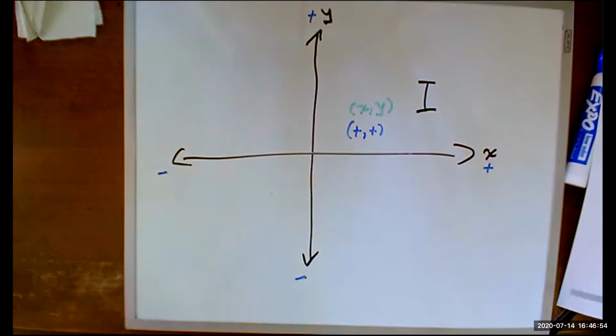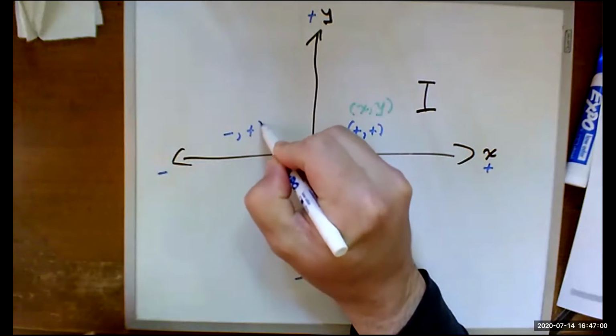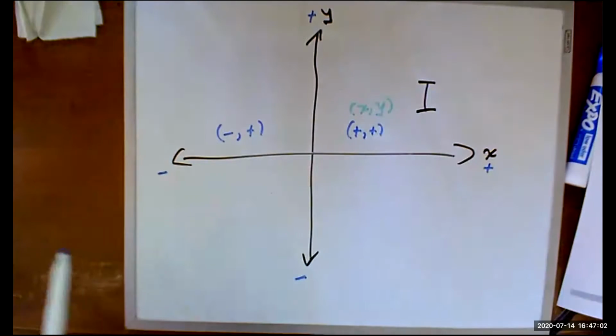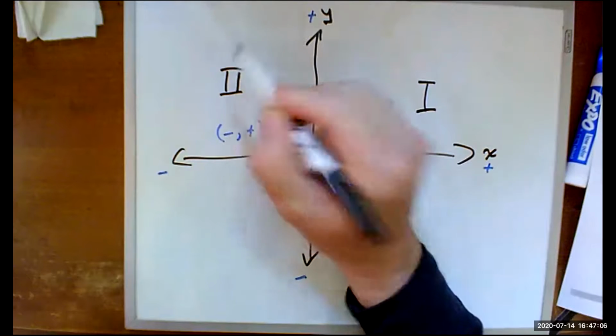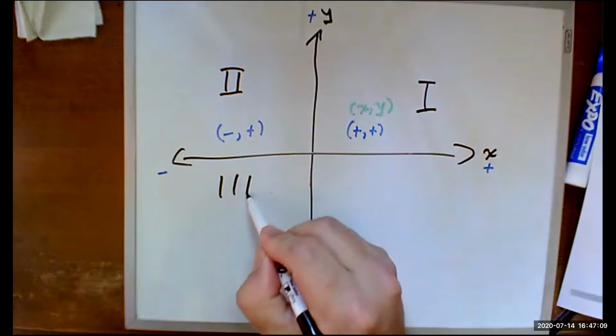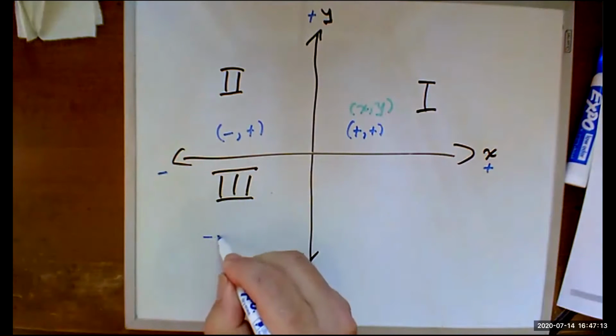When we're in the second quadrant, our x values are now negative, but our y values continue to be positive. And this one is quadrant 2. When we move down to quadrant 3, everything is negative in this quadrant.